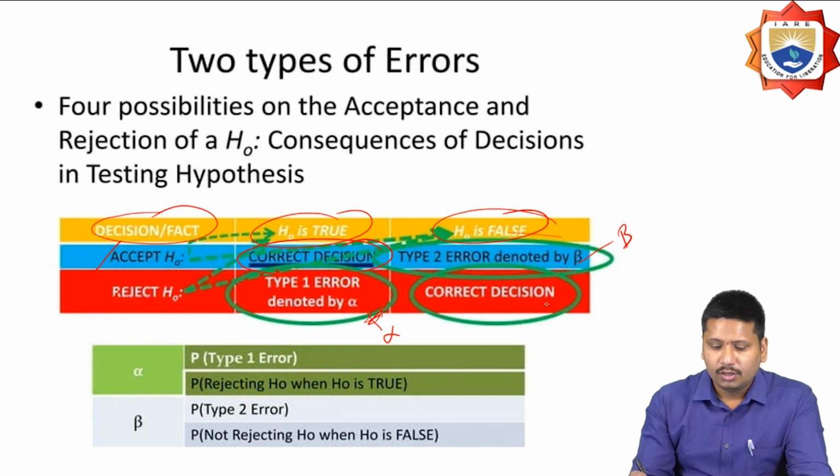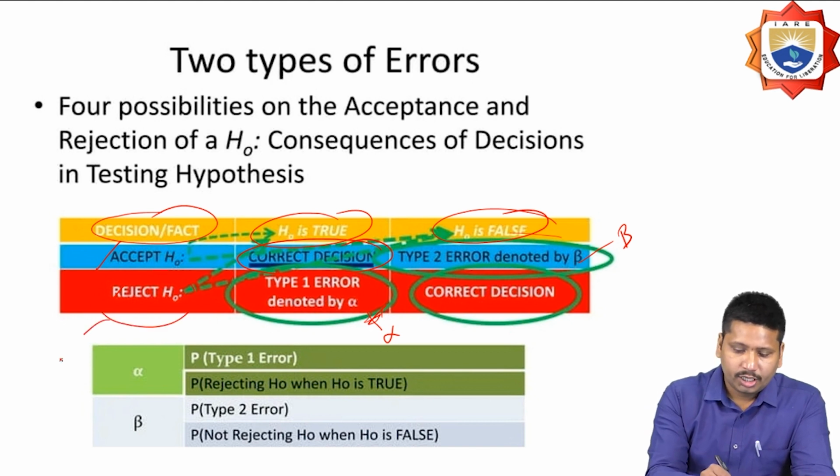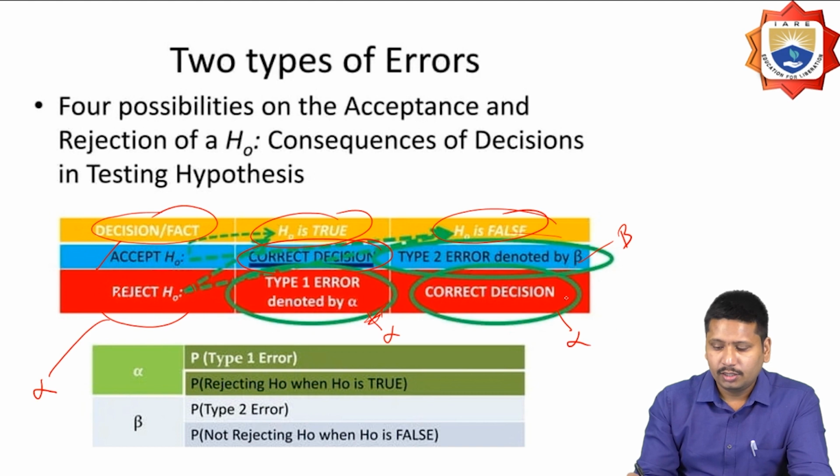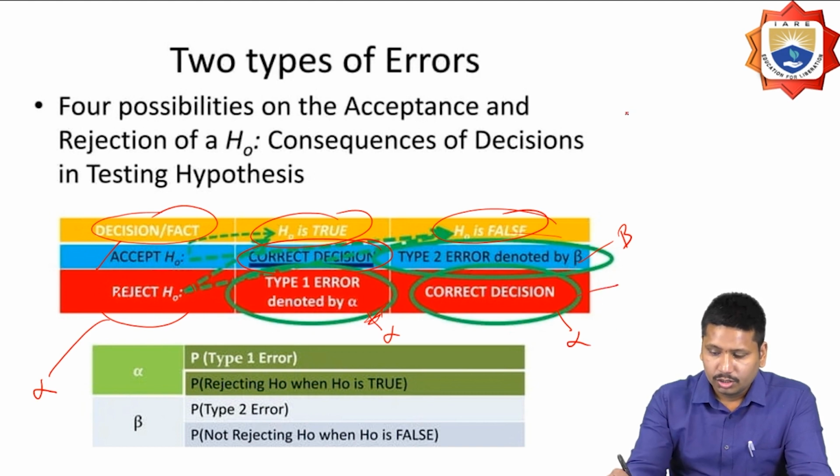And similarly, if the assumption I'm taking is false and the result is also false, then the decision I'm taking is correct. So initially the H naught assumption is true; if it is also true, then I get the correct decision.